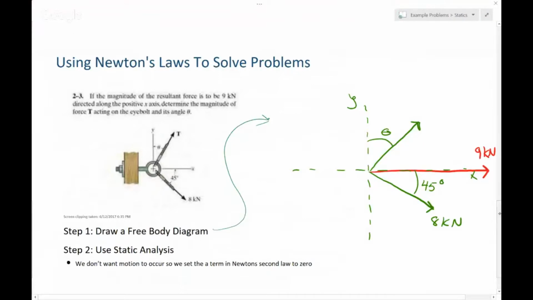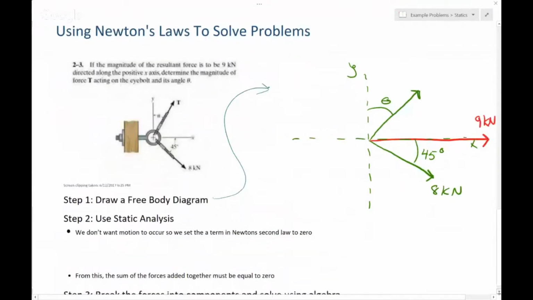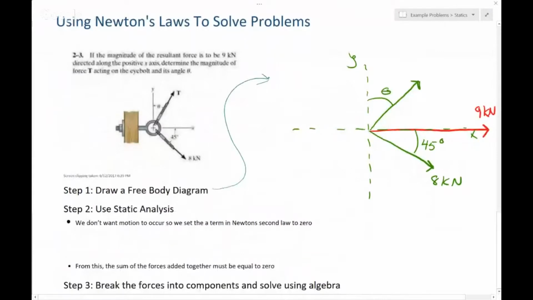So once we have our free body diagram here, we can begin setting up the problem. Now, since we don't want any motion to occur, we can use Newton's laws and basically start with force is equal to mass times acceleration.